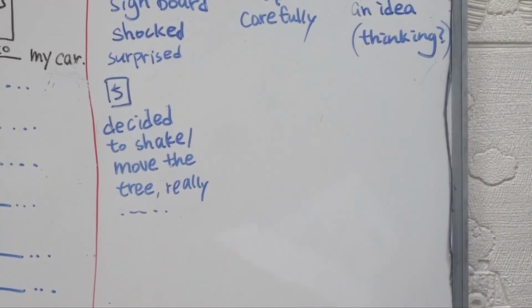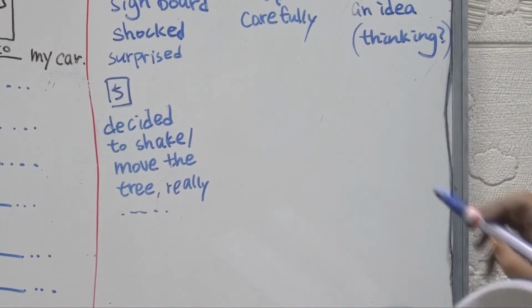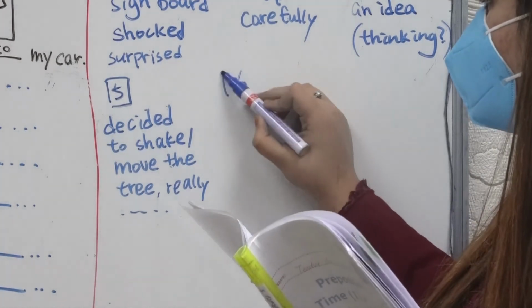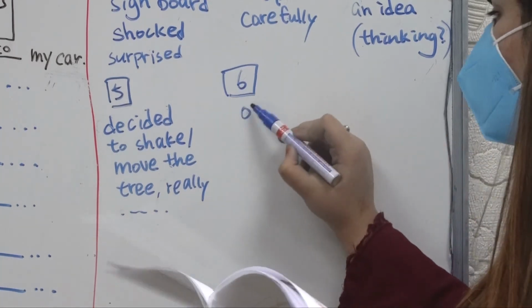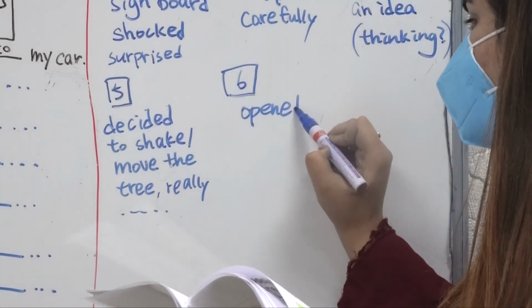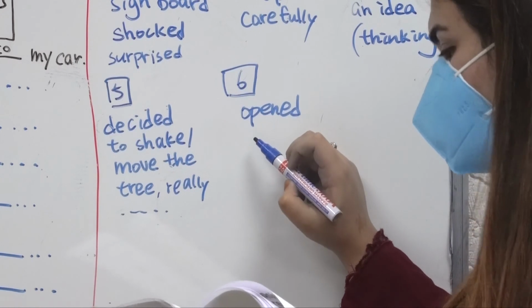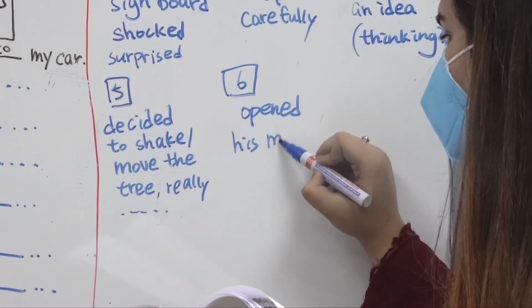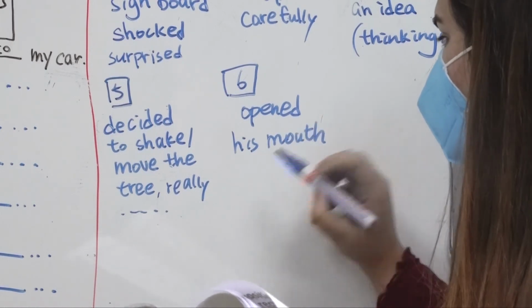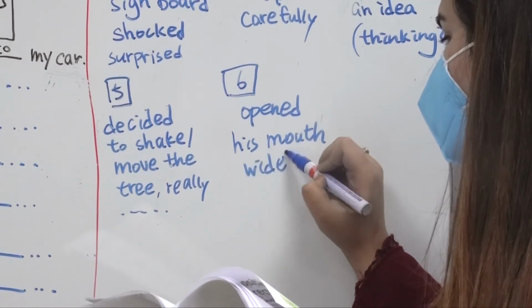All right. And then picture number 6. A very visible thing you can see is he opened his mouth widely, right?